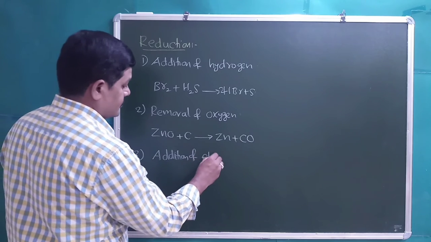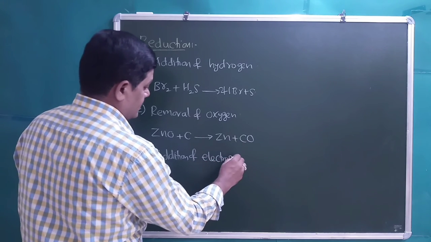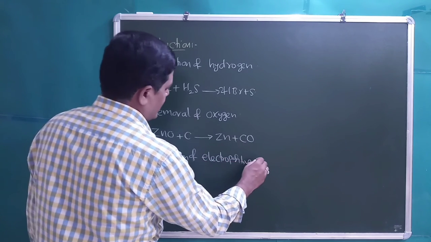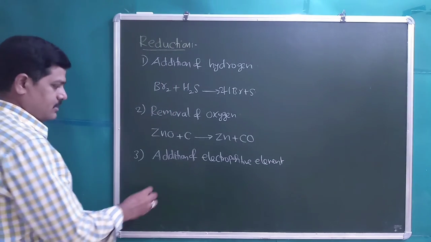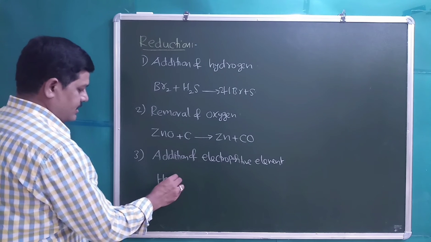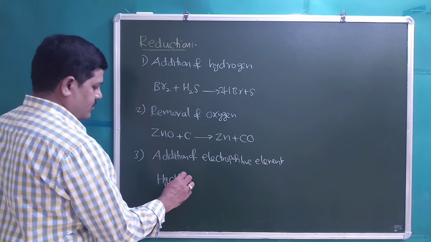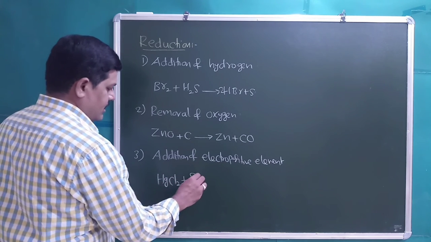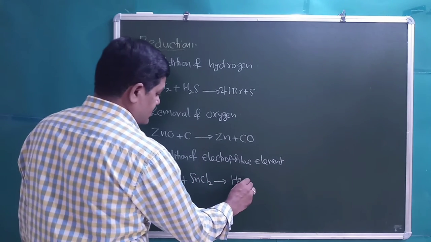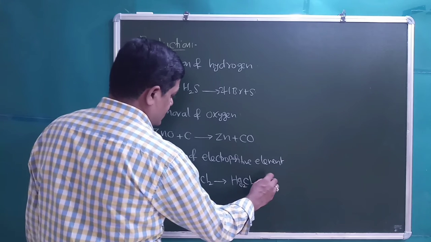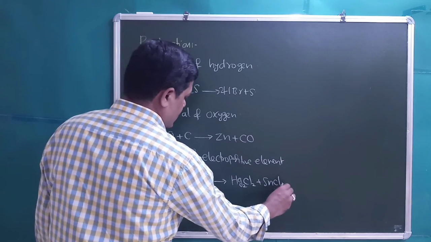Addition of electropositive element. Students, for example, HgCl2, mercuric chloride, plus SnCl2 gives rise to Hg2Cl2 plus SnCl4.